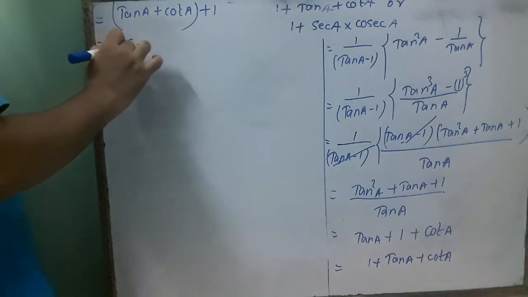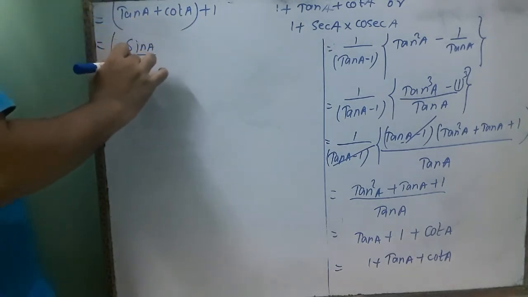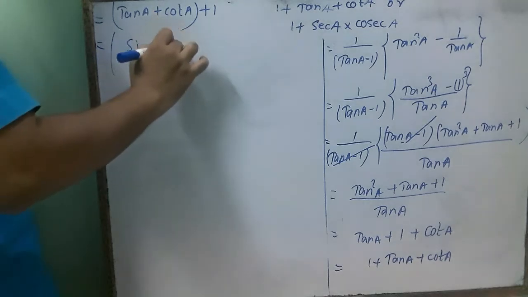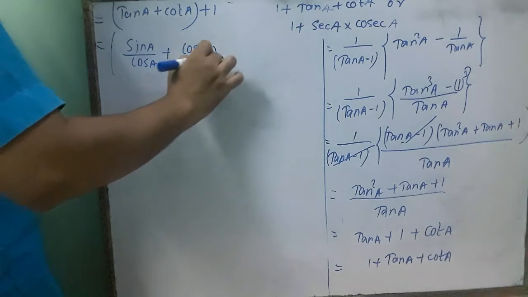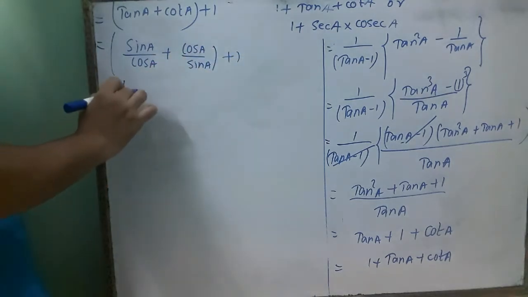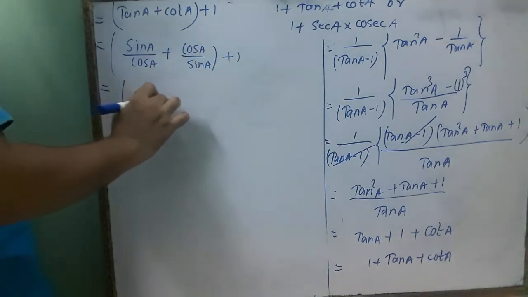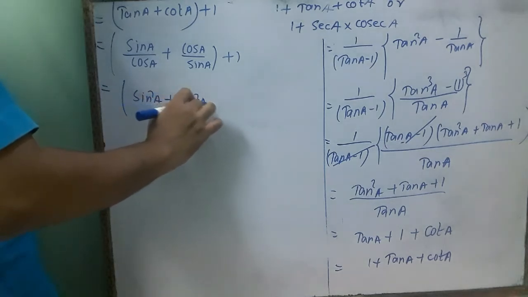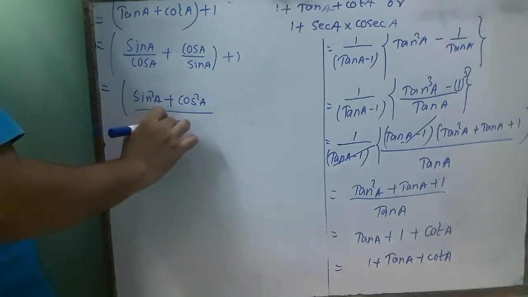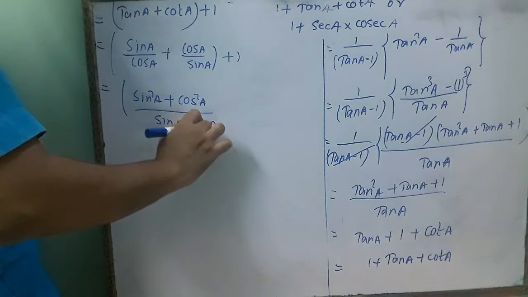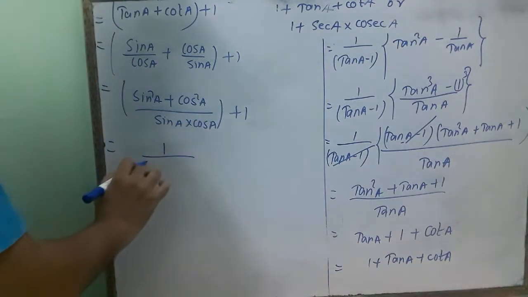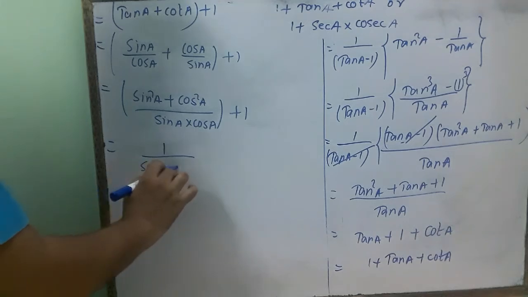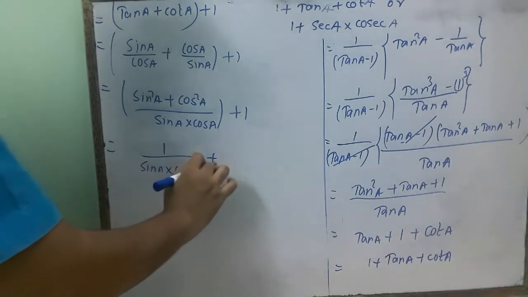Now sin A divided by cos A plus cos A divided by sin A plus 1. Take the LCM, so it will be sin square A plus cos square A divided by sin A into cos A, and then plus 1. Sin square A plus cos square A is 1, so it will be 1 divided by sin A cos A, plus 1.